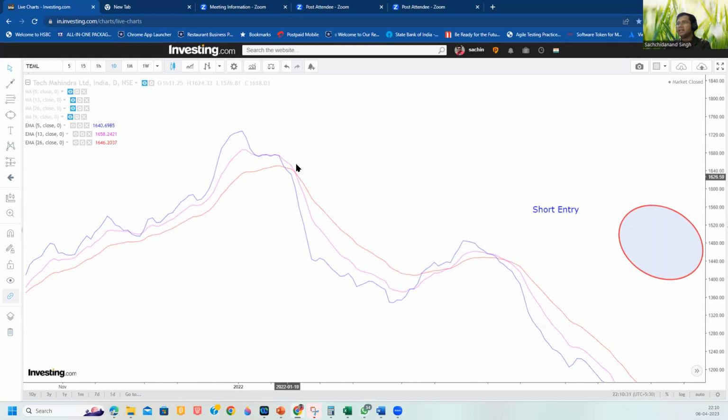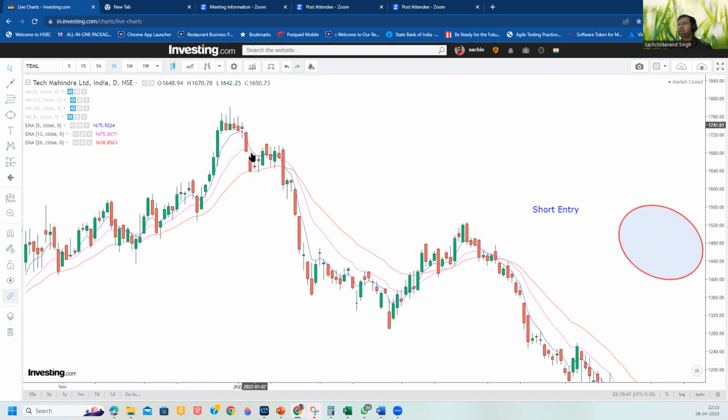If you look at this area, till this point of time the market was in an upward direction, and at this point the price has taken a trend reversal, right? If I bring that chart once again, you see that there are trend reversals clearly happening.